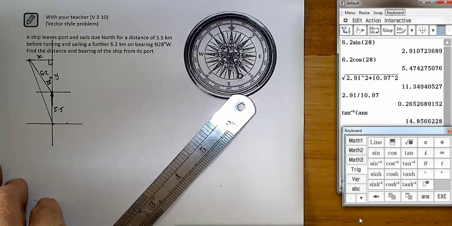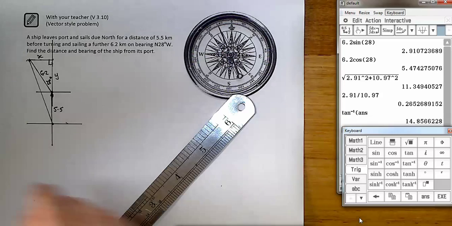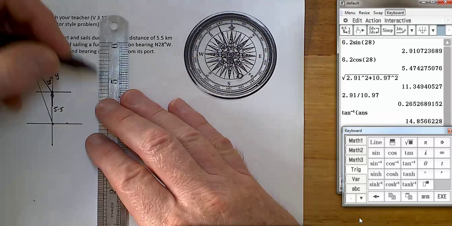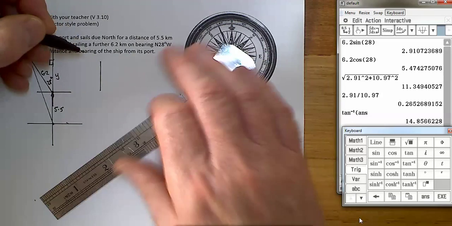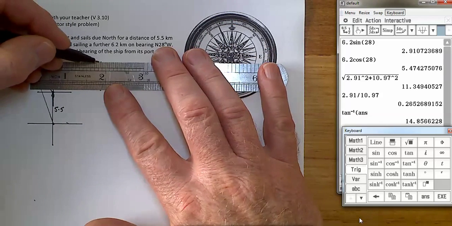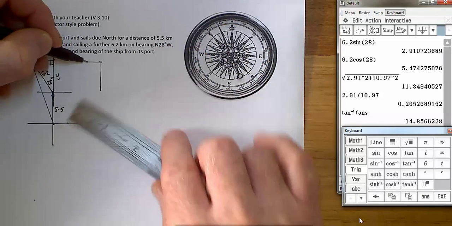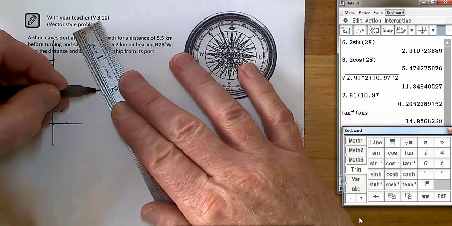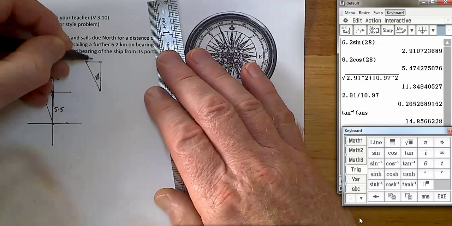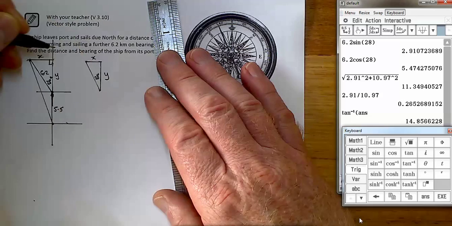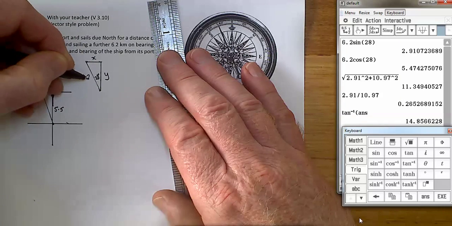Pythagoras will help me home from there. Let's just have a look. I might redraw this little triangle here because it'll help me see things just a little bit clearer. That's 28, x, y, and 6.2.